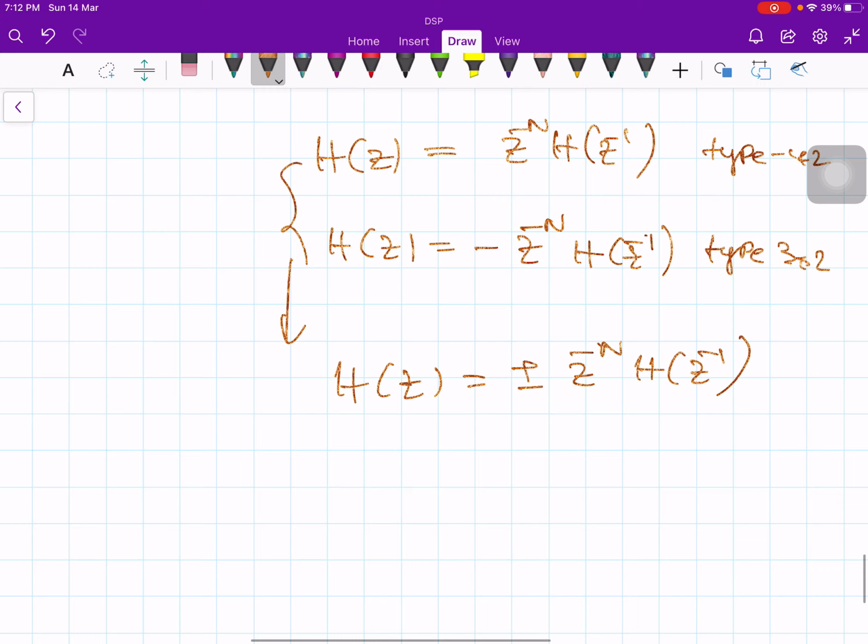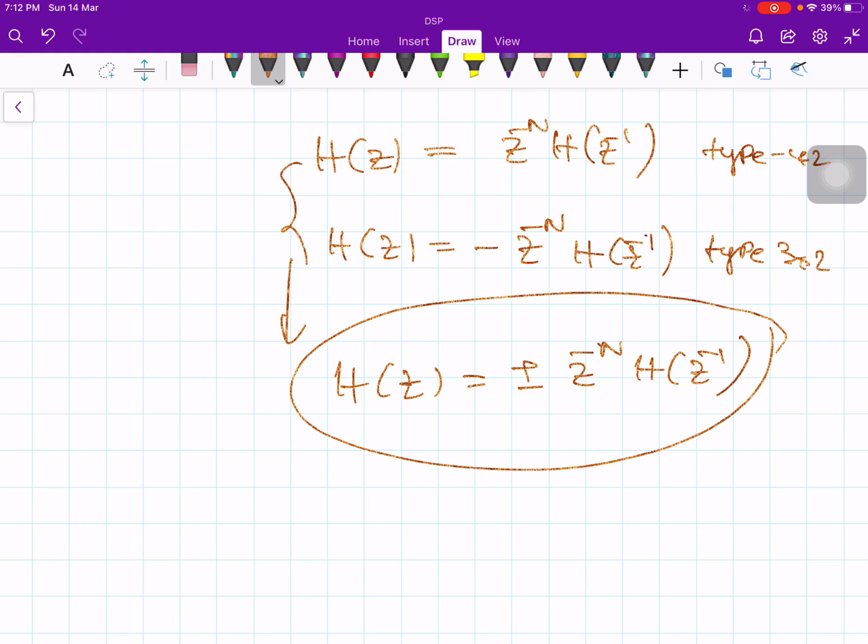What we said about zeros of type 1 and type 2 is valid here also. Even if there is a negative sign, it doesn't change the nature of the zeros, so the zeros still occur in reciprocal pairs.